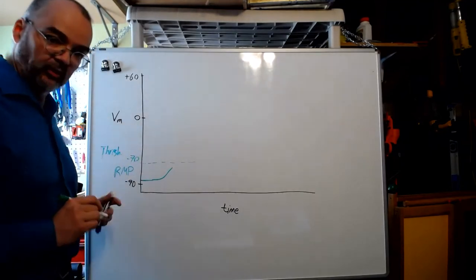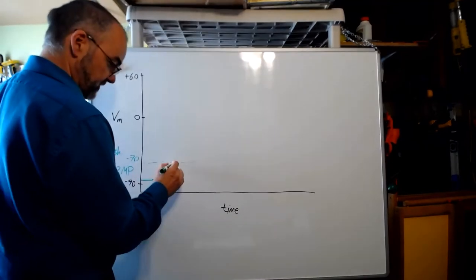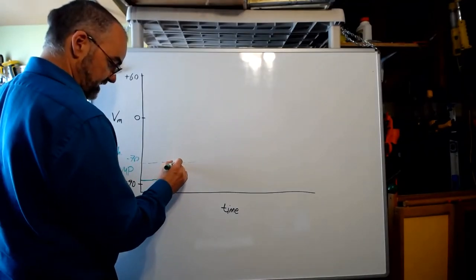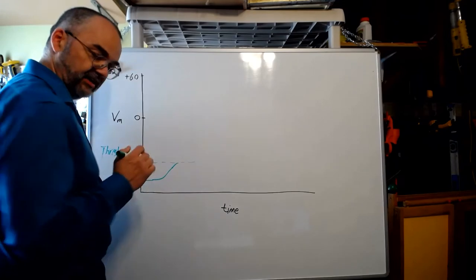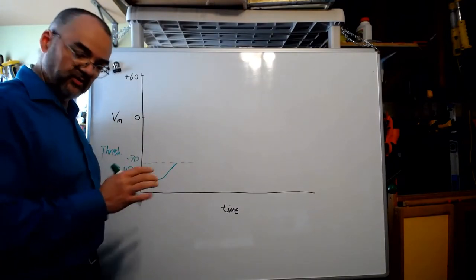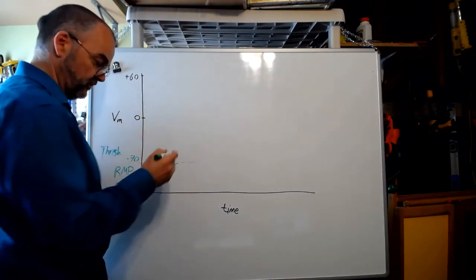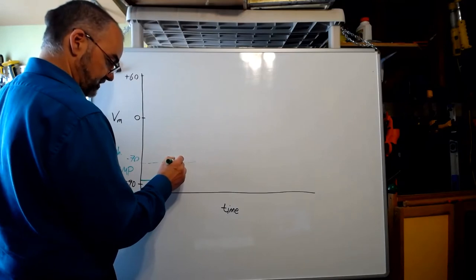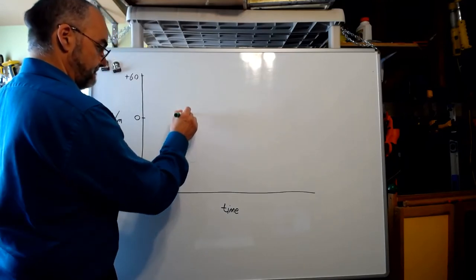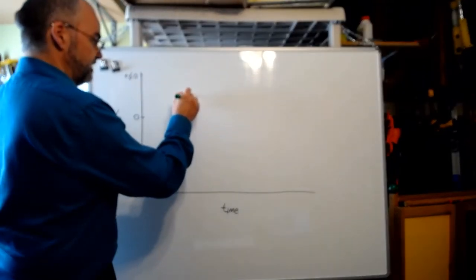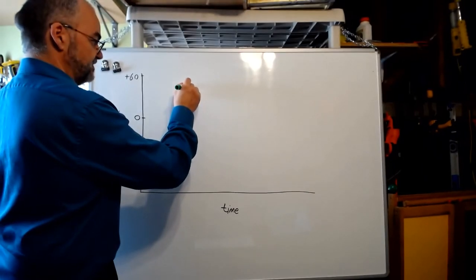That's when the voltage-gated sodium channels are going to open. So when I reach that threshold, I trigger the opening of the voltage-gated sodium channels, which, like in a nerve cell action potential, causes a rapid depolarization up to pretty close to about positive 50 or 60.